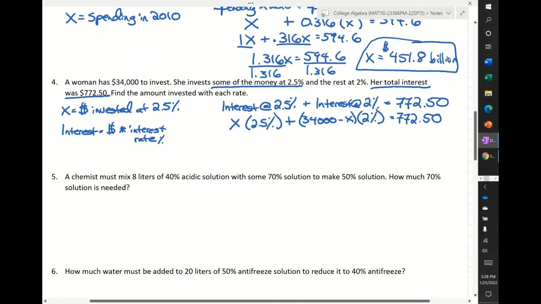The way that we work with percents is we convert them to a decimal. 2.5% is the same as 0.025. And this would be 0.02 times 34,000 minus X equal to 772.50.